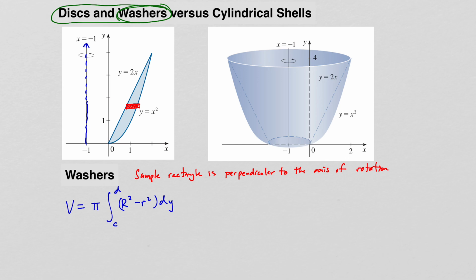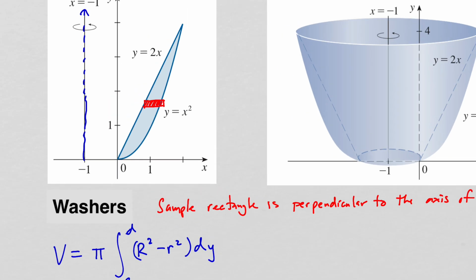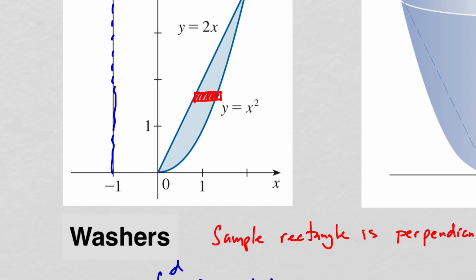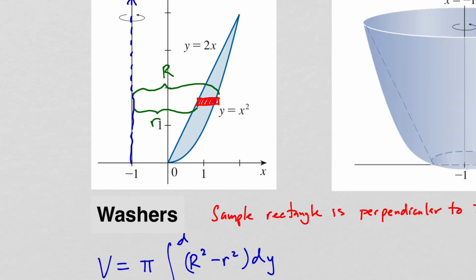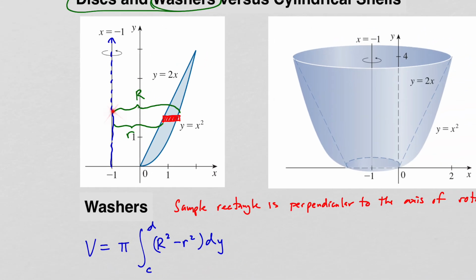But now we have to find big R and little r. Big R is the distance from the axis of rotation to the farther end of the rectangle. Little r is the distance from the axis of rotation to the closer end of the rectangle. So how do we get big R? Well, again, it's a sideways, horizontal distance.